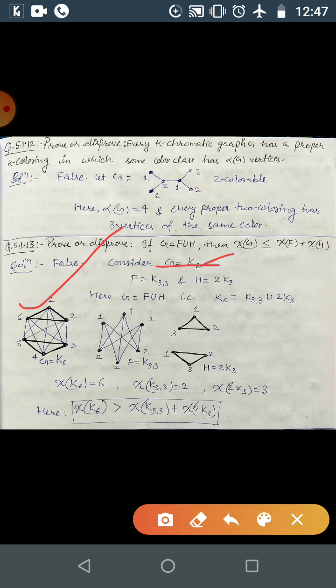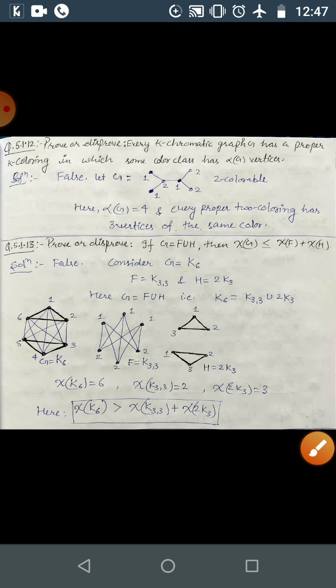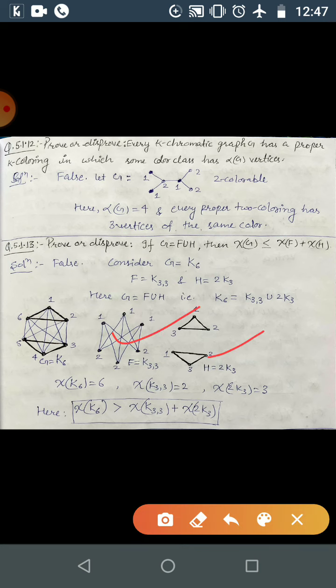K6 we have taken as G, and F as K3,3, the complete bipartite graph with partite sets 3 and 3, and H we have taken as K3, 2 components of K3. So this one is H, this one is F, and this one is G. You can draw it, and the vertex sets of F and H are the same.